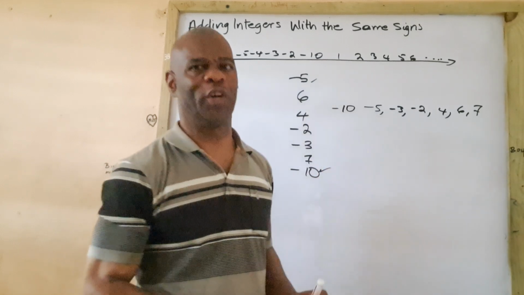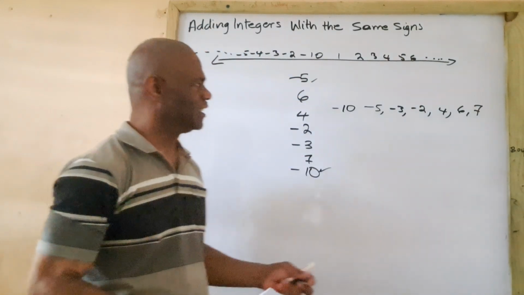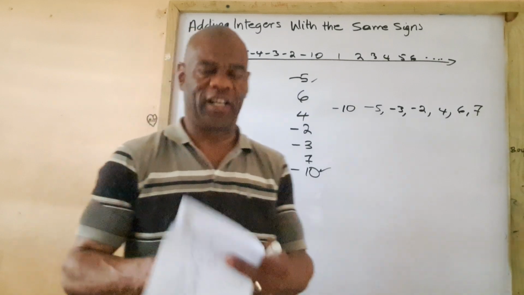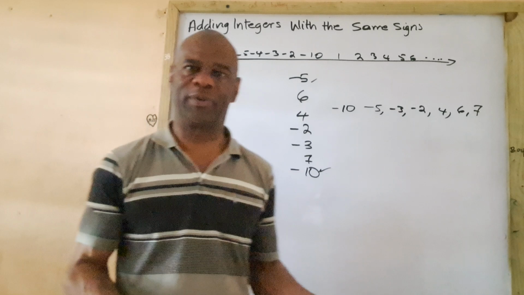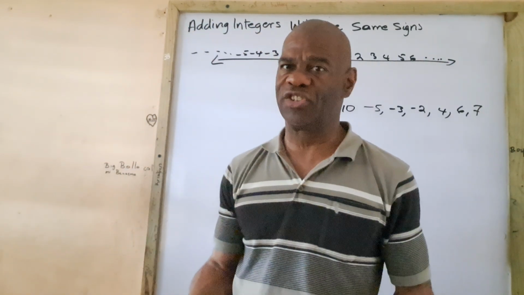If we look at it in terms of money owed, the negative values are money owed, and those that are positive are money that you have in your hand. Just like persons in Jamaica, you can borrow money from Digicel.